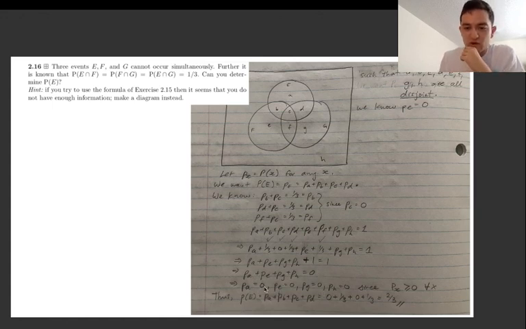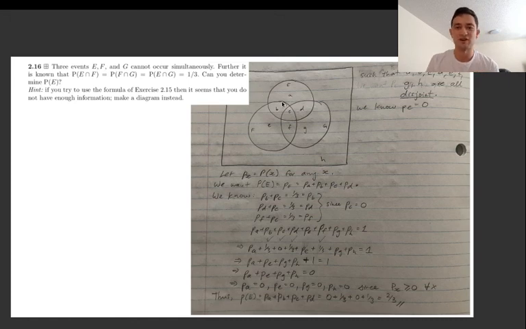So we know that all these are equal to 0, and now we have our probability of A, so we can solve for probability of E, which is probability of A plus probability of B plus probability of C plus probability of D, which is equal to 2/3. Hopefully that made sense. Again, I used some of the techniques that I mentioned earlier that you really want to use when you're solving these kinds of questions.